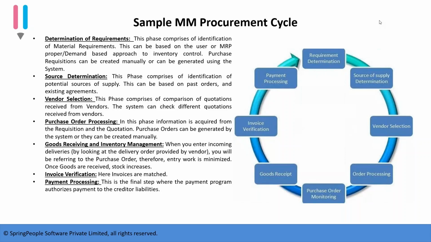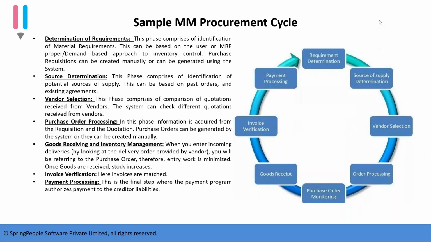The main activity of the procurement department is to buy. They don't know what to buy. This decision of what to buy has to be given by the concerned department, whether it is manufacturing, sales, accounts, HR, whatever the department is.